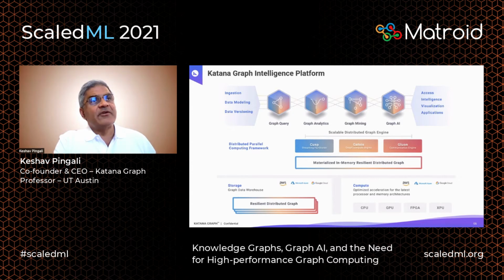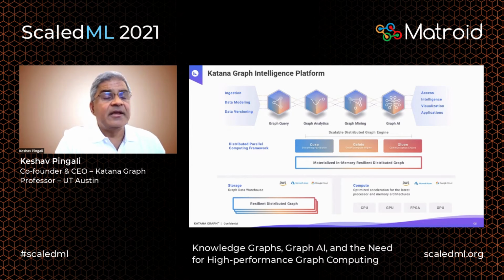We make this graph engine available to users through C++ as well as through Python. What we have implemented are basically applications for graph query, analytics, graph mining, and graph AI. For graph query, we support OpenCipher, which is a very popular query language. There's a new standard GQL that's coming out soon, so that's on our roadmap.